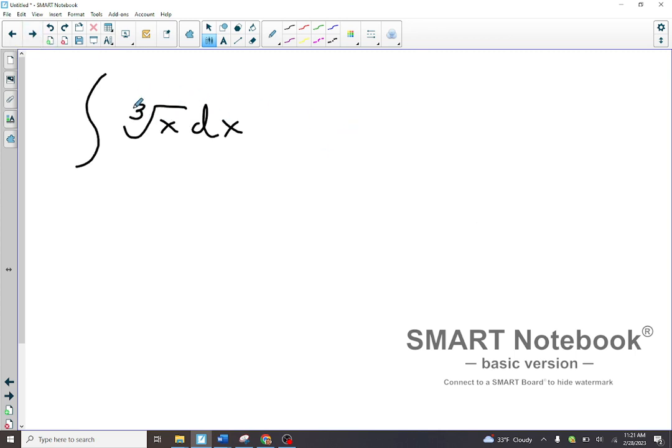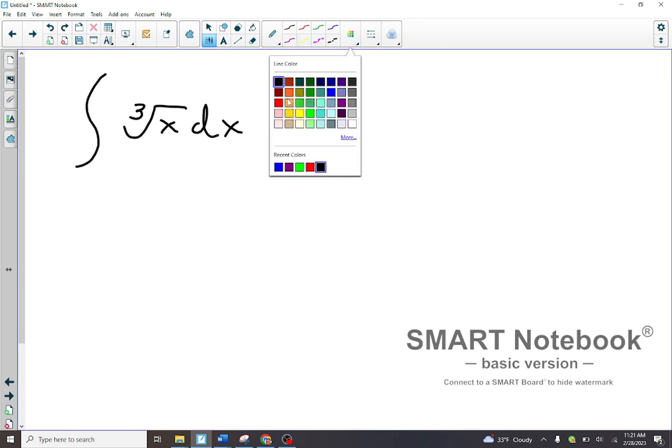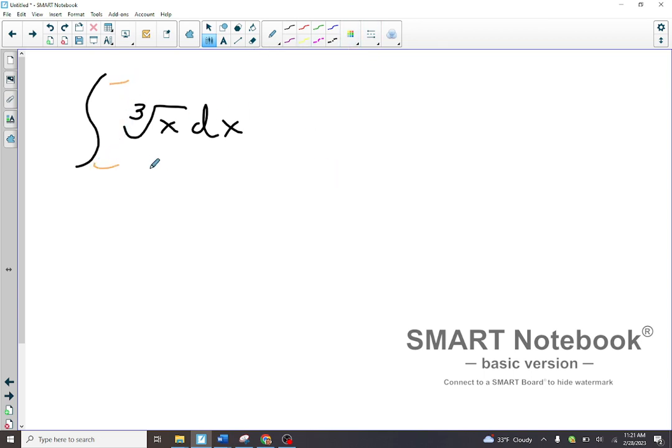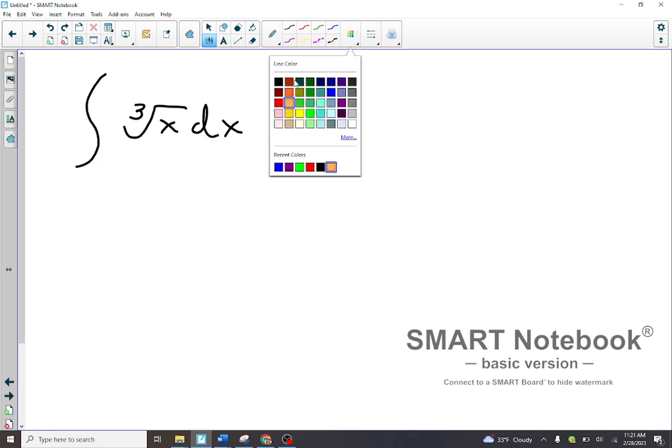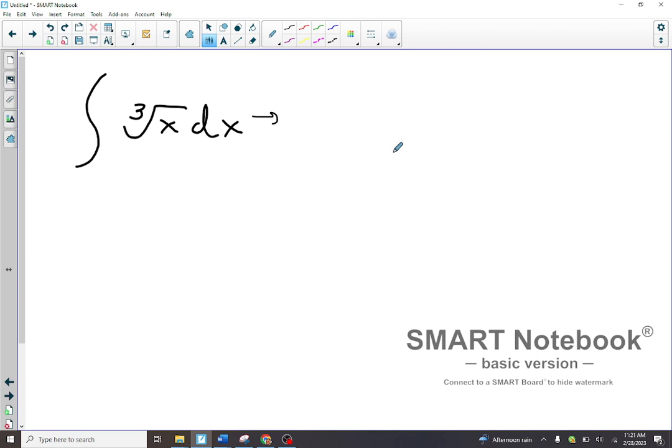If you have something like this, notice in this situation, it's unbounded. There's nothing here and here. Because there's nothing in here, we're just going to do the antiderivative. So I'm going to have to convert this to x to the 1/3 power.